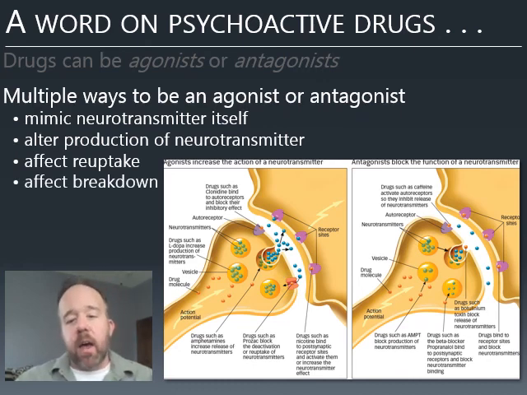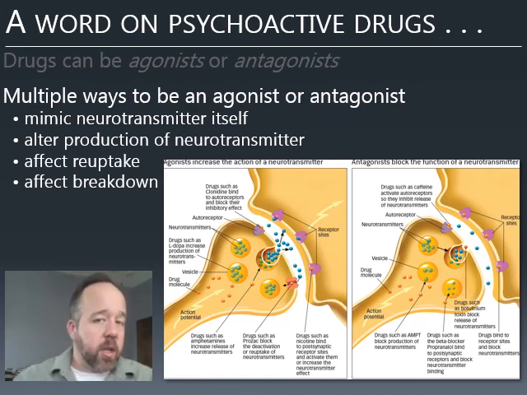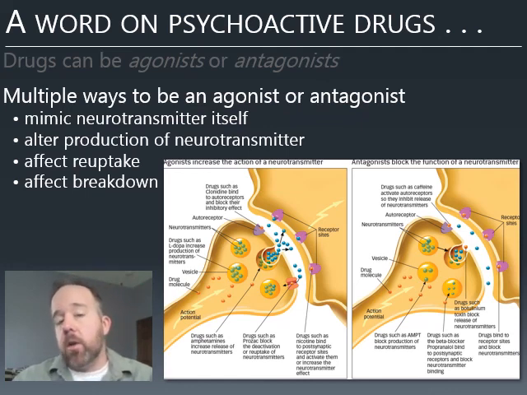You can affect breakdown, and there's no part of this cartoon diagram that correlates to breakdown, but there are enzymes in the synaptic cleft whose job is to destroy the neurotransmitter. Again, you can't have the neurotransmitter out there forever. It would just keep signaling that postsynaptic neuron. So you can pull it back in via reuptake, or you can have an enzyme out there break it down. Now, if you inhibit the breakdown by the enzyme, that's an agonist.